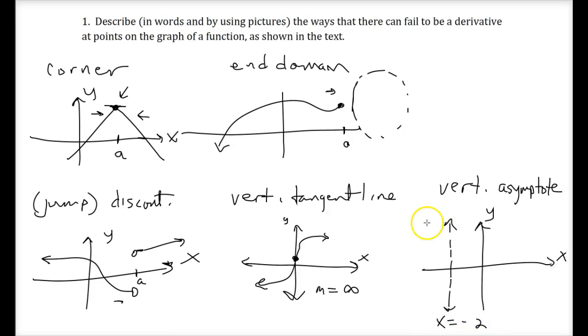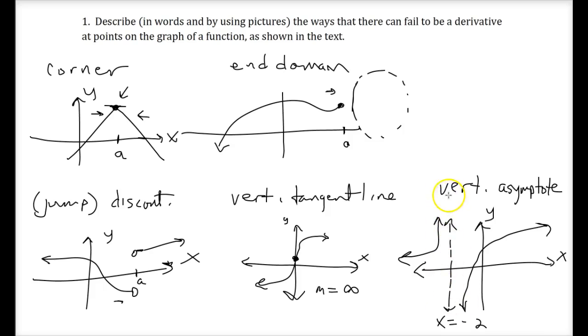So let's say at x equals -2, we have a vertical asymptote. So let me try to do this here. So let's say our graph actually goes like this on this end, and then it comes down like that and kind of does like that on that end. Okay. So that would be an example of a vertical asymptote.